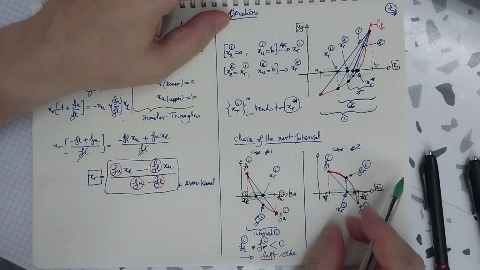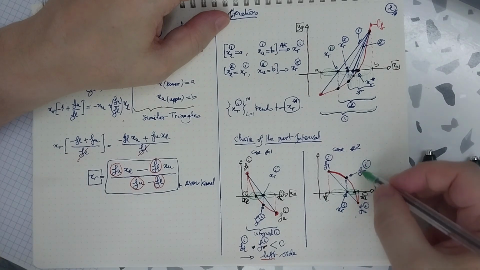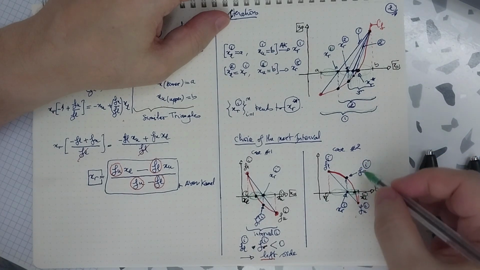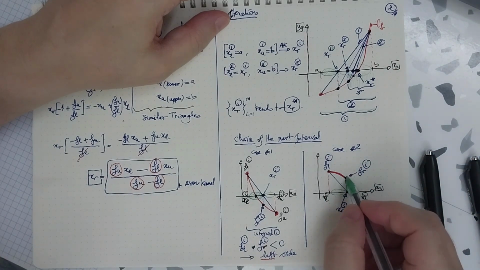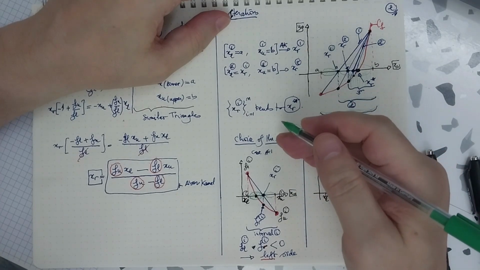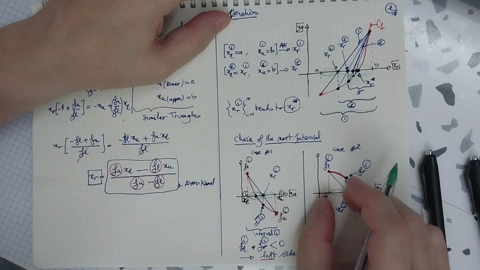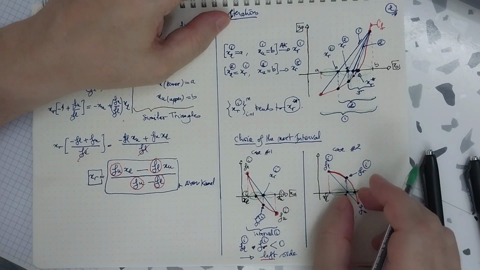They could also be both negative if we draw the other case. It's the same case, but if both points are above the x-axis or below the x-axis, it's impossible to get the solution in the left interval. So the only possibility is the other interval at the right.